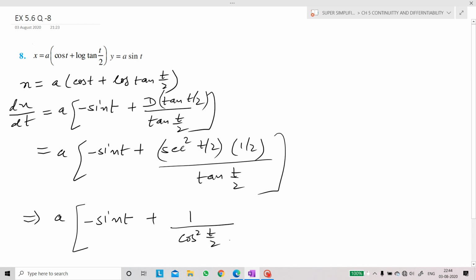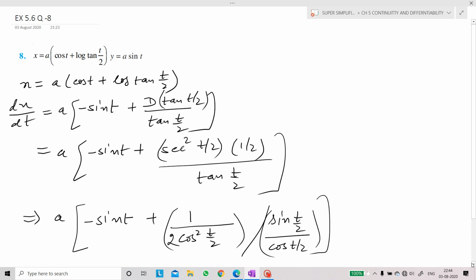And then we have 1 by 2, multiply it with it, so 2 gets multiplied here. And this thing is divided by tan t by 2. Tan t by 2 is nothing but sin t by 2 upon cos t by 2. So we can see that these two expressions are dividing each other.